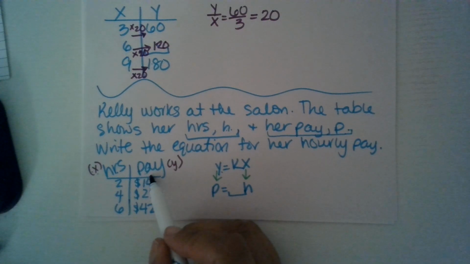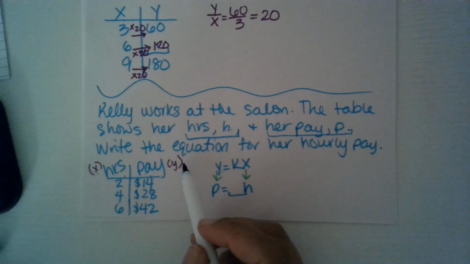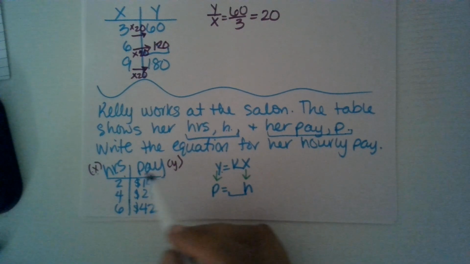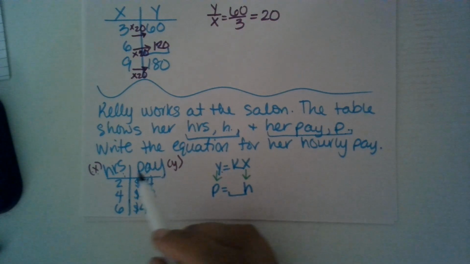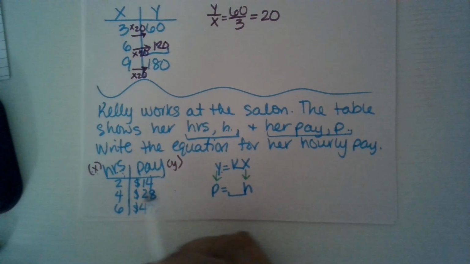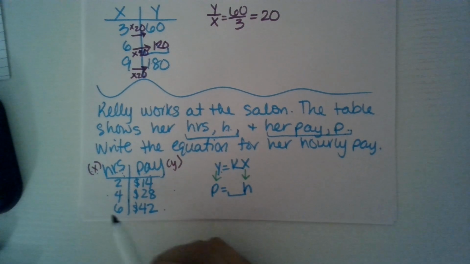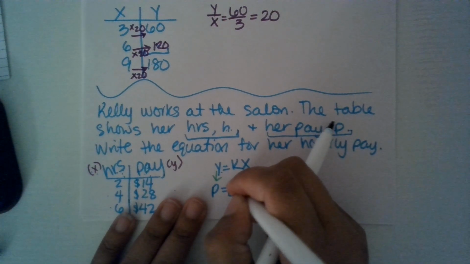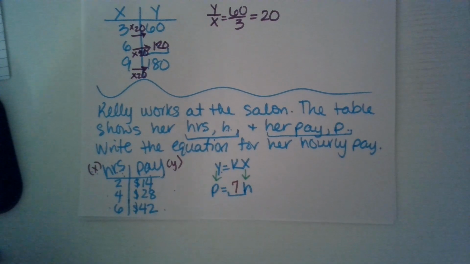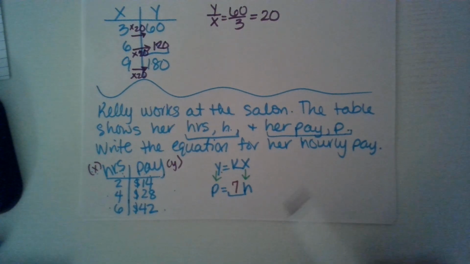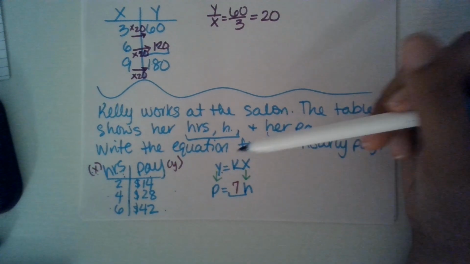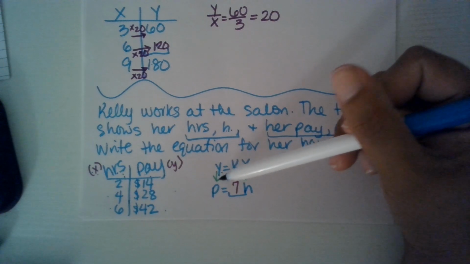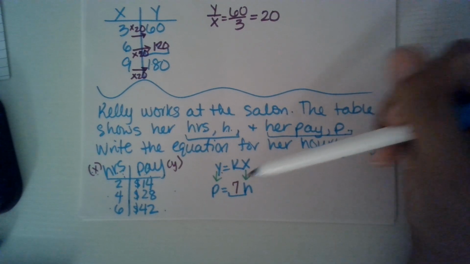It's still going to be Y over X. That's why I made you write these on top. Y over X. So I can do 14 divided by 2, 28 divided by 4, 42 divided by 6. You should still get an answer of 7. So what will my equation be? Rather than use Y equals KX, you're now using P equals 7H.